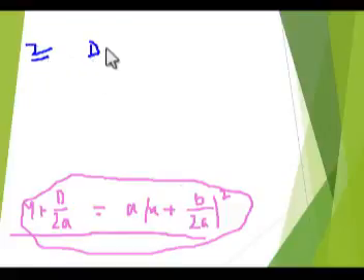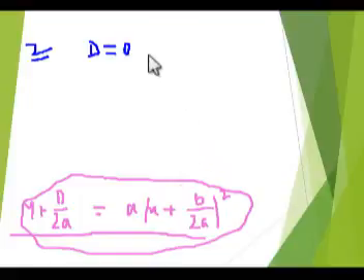In the second case, if d is equal to 0, then the parabola must touch the x-axis.